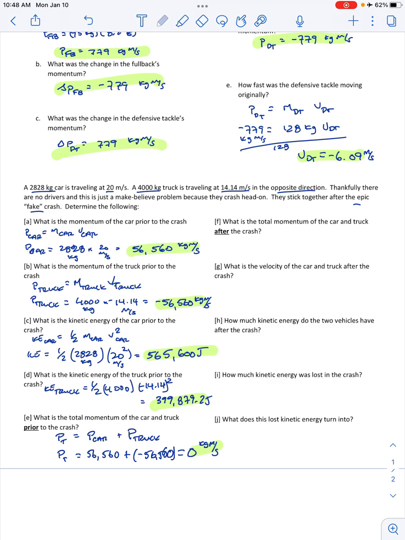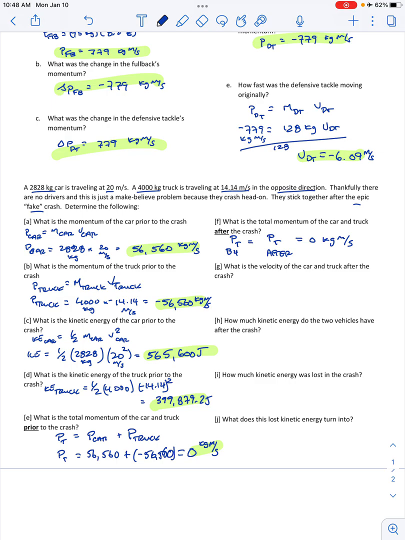Well, because they're both not moving, V equals 0 for both of those. Let me rewrite that. So our total momentum after the crash, or wait, hold on, I don't know that yet, do I? I just know that before the crash, P total before is equal to P total after, which equals 0 kilogram meter per second.